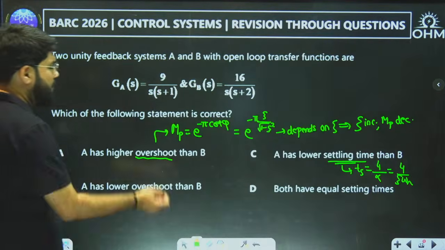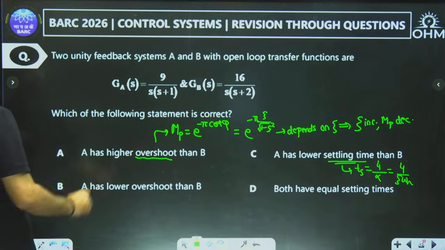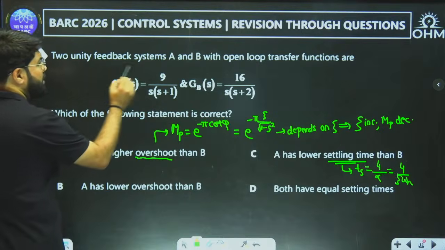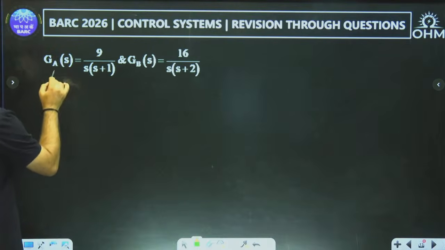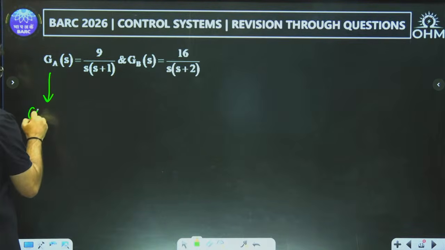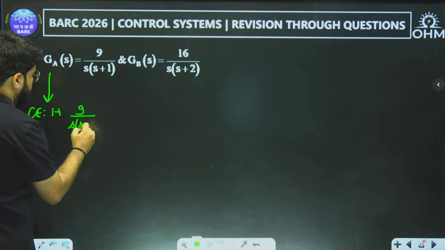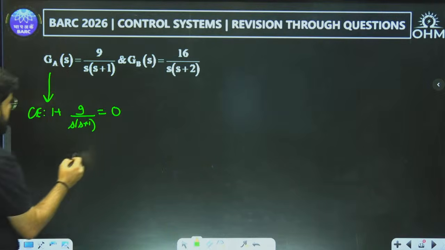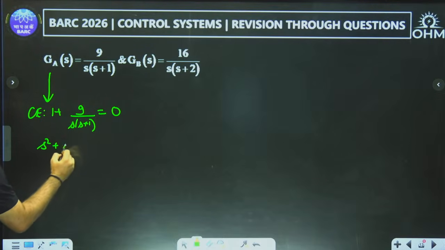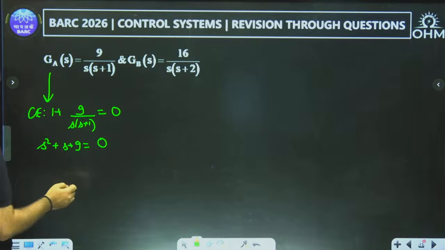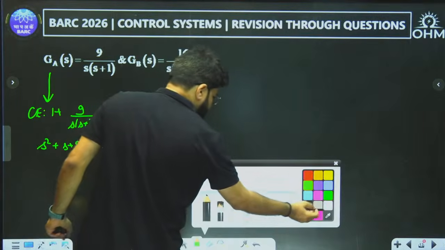So we have to compare the parameters of the two given systems. These are the GA and GB systems, unity feedback, with open loop transfer functions given. For the first one, the characteristic equation is 1 plus 9 by s plus 1 equal to 0. Solving it, we get s square plus s plus 9 equal to 0.